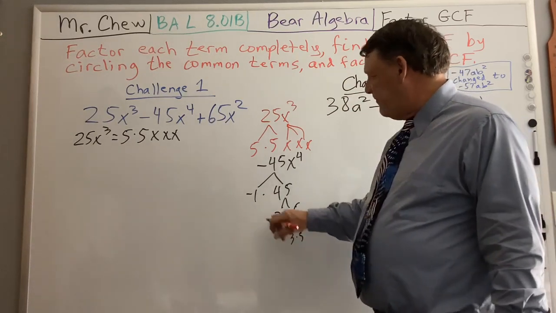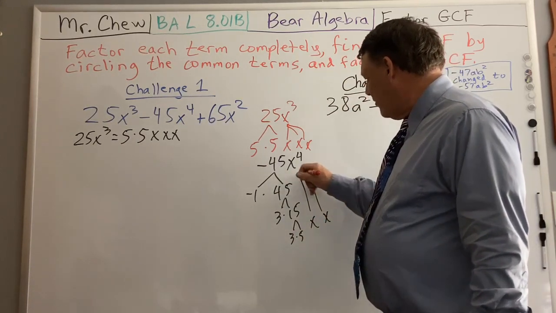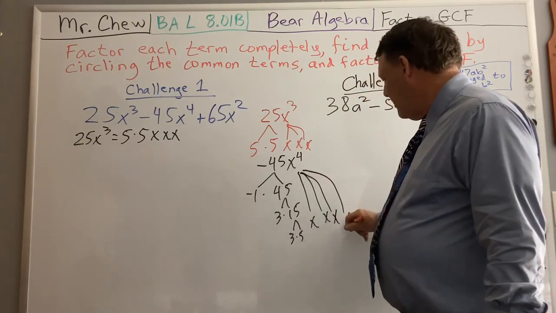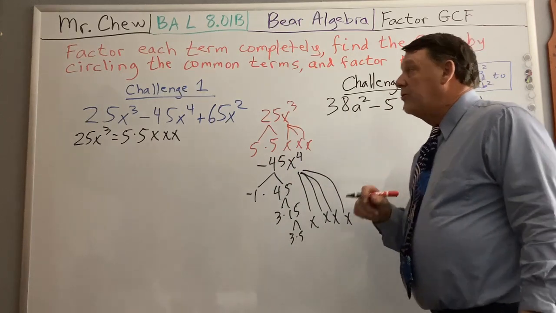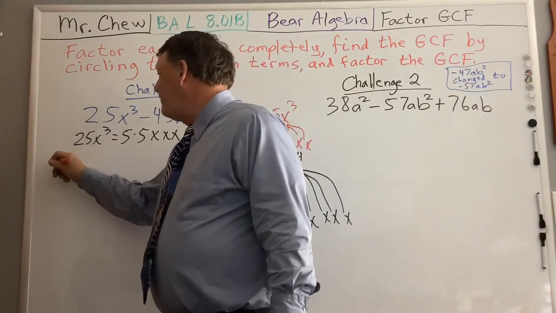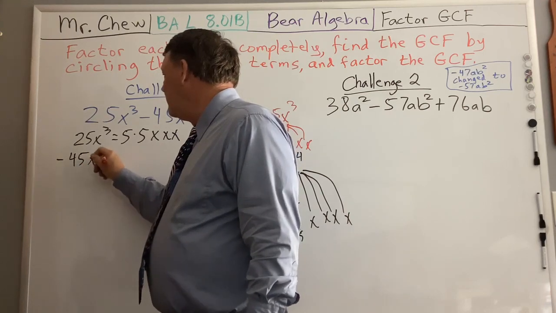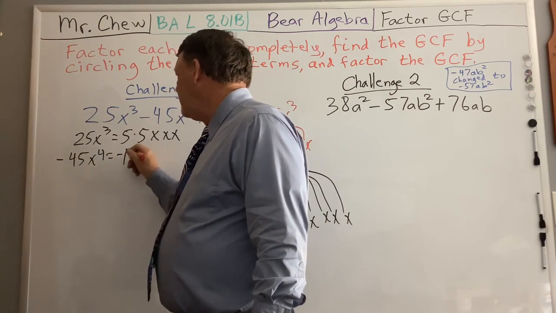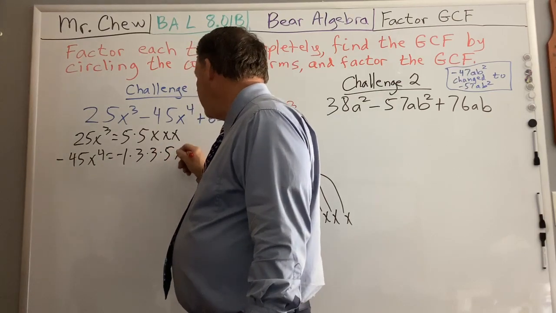So these are the factors of negative 45, and then I have to bring down all 4 x's to have all my complete factorization. Now I write that term underneath my 25x cubed. So it's negative 1 times 3 times 3 times 5 times x.